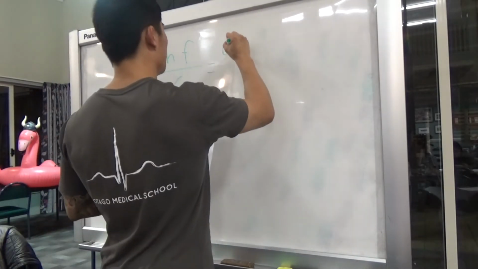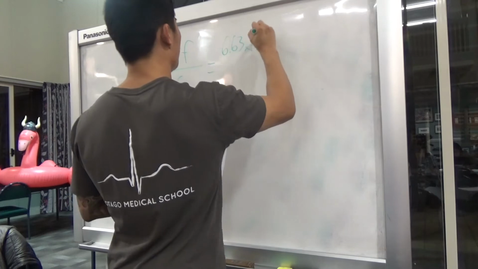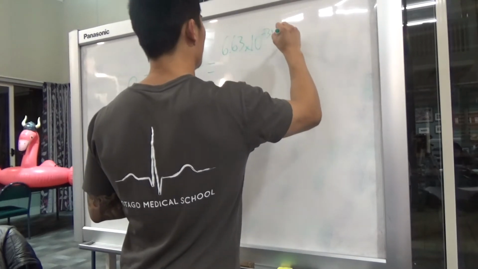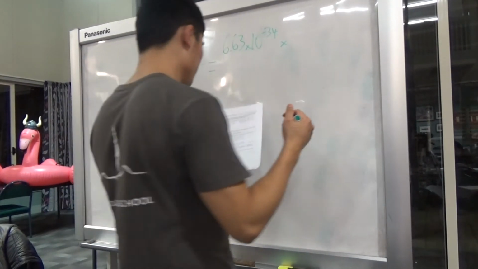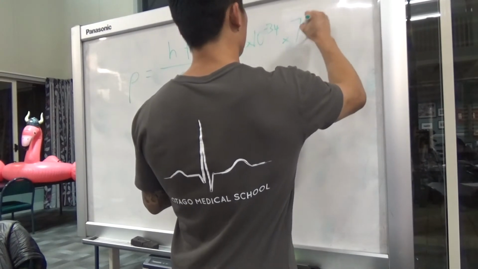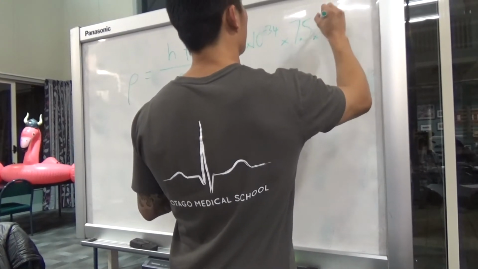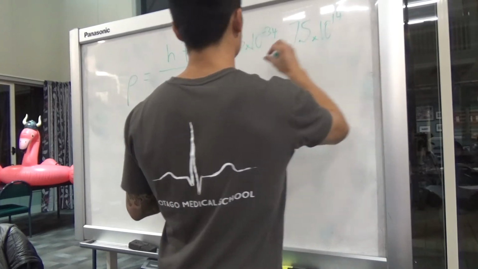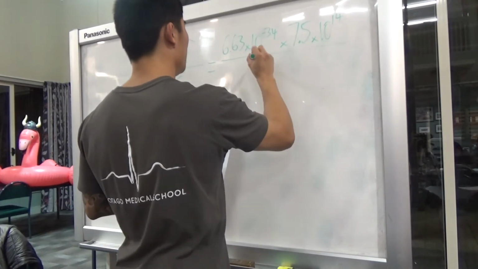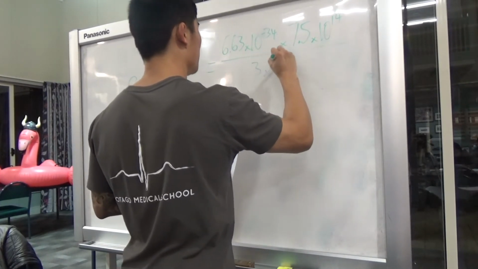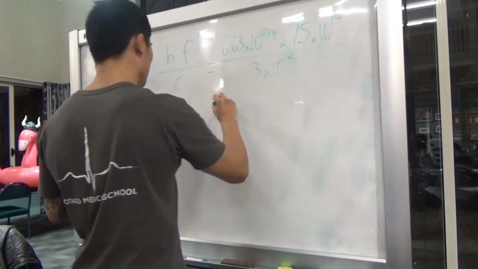So that's 6.63 times 10 to the negative 34 times our frequency, 7.5 times 10 to the power 14, and our speed of light is 3 times 10 to the power of 8.